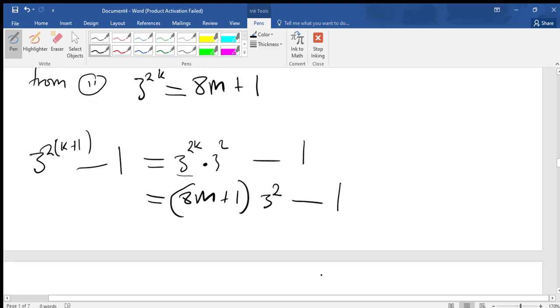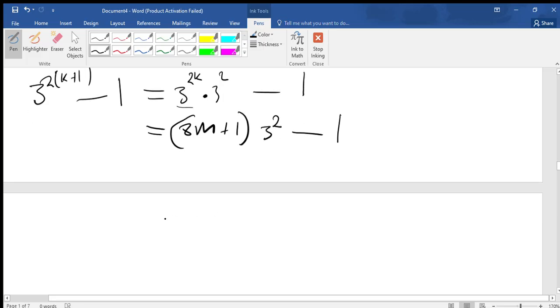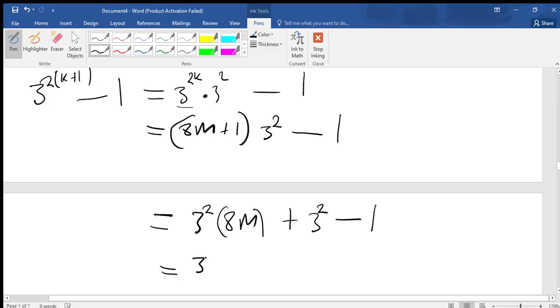Then from there, we can break the brackets so that we have 3 squared multiplied by 8m plus 3 squared minus 1. 3 squared is the same as 9. So 9 multiplied by 8m, and 9 minus 1 will be positive 8. This is what we have there.